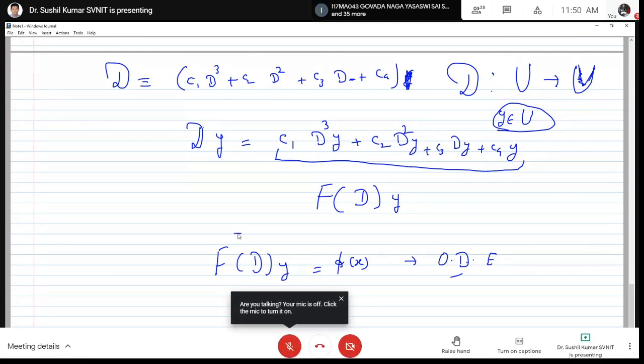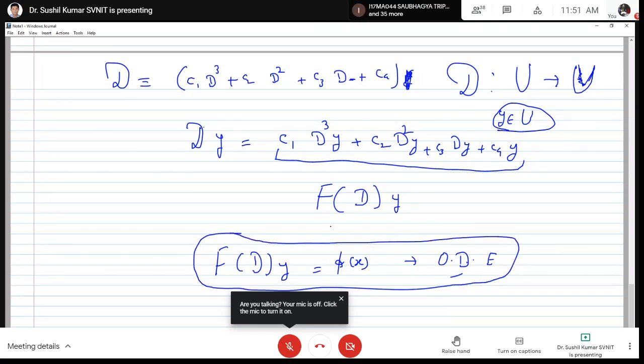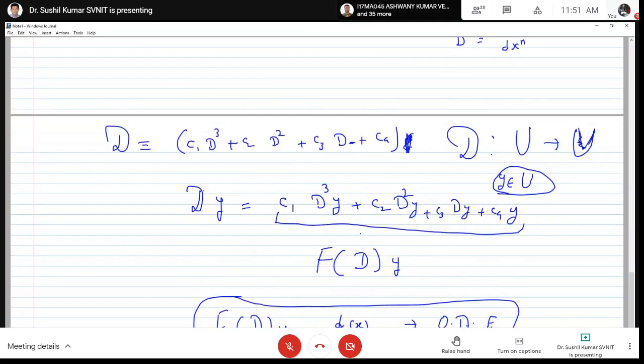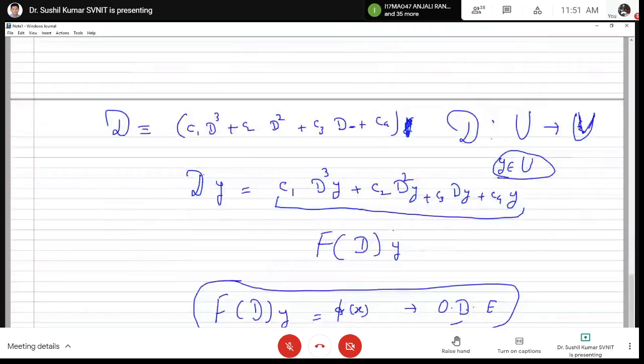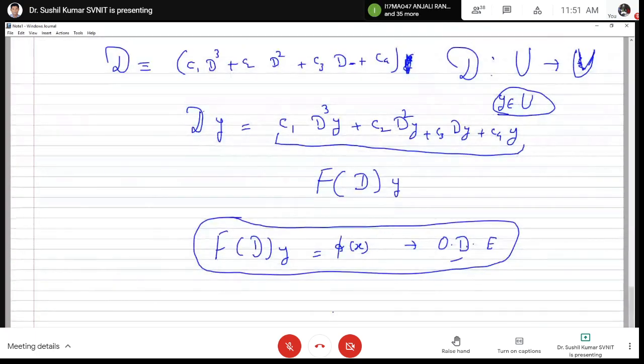So this equation f D y equal to phi of x, it is an ODE. It is clear? Any query? Is any point not clear? Okay. So f D y equal to phi x is one ODE. So this ODE will be linear if this f D is linear.